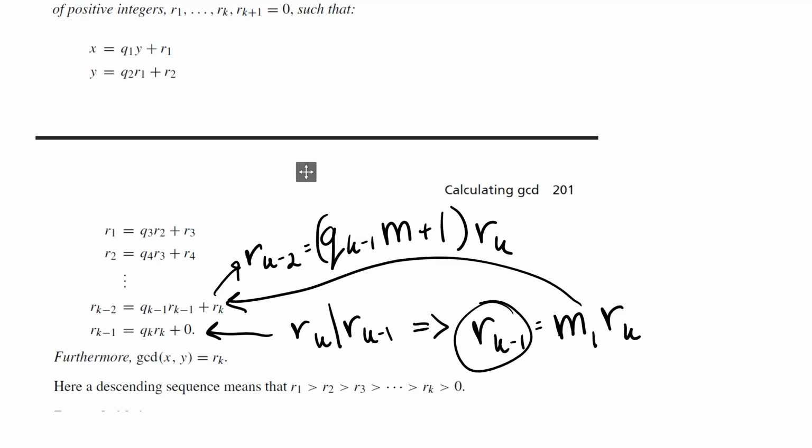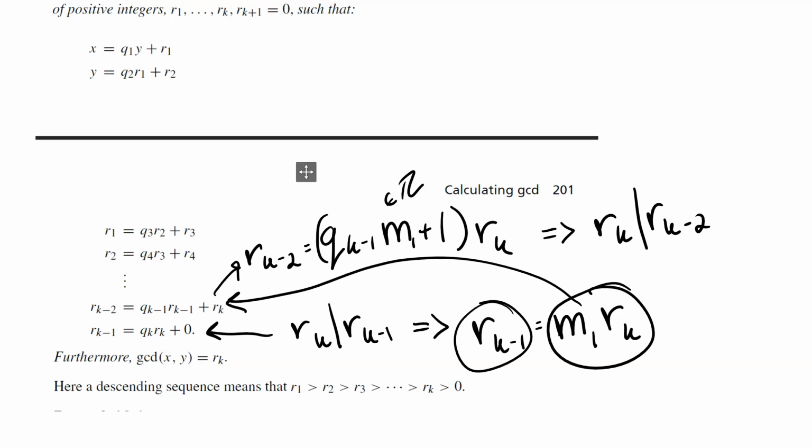Well, I plugged this in here. So I got m1 times qk minus 1 times rk. And then I combined that whole thing with this. So I ended up getting this crazy constant. But all I care about is this is an integer. So that means that rk divides rk minus 2.